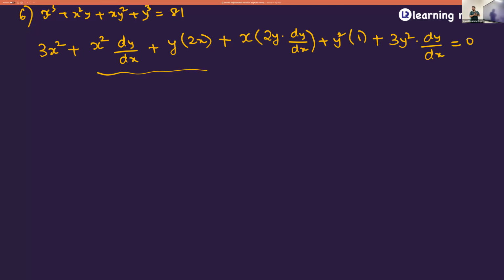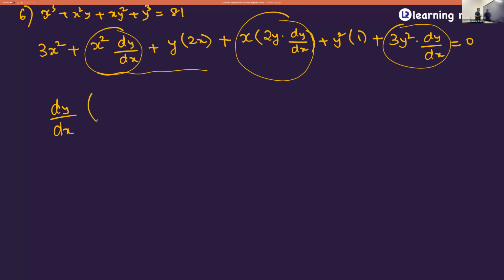So collect all the dy by dx terms. So how many are there? 1, 2, and 3. So if I take the dy by dx terms, so what will I have?